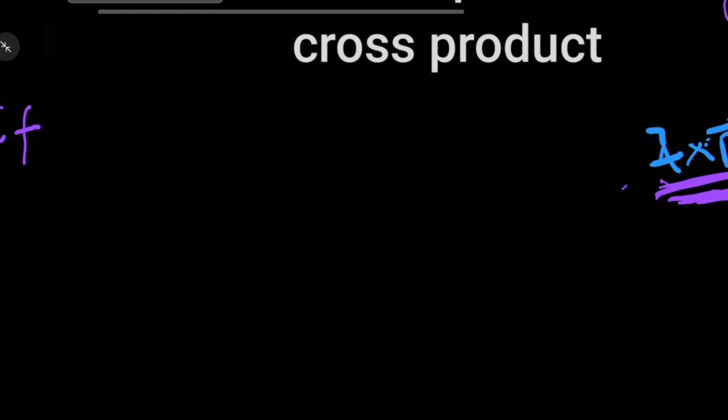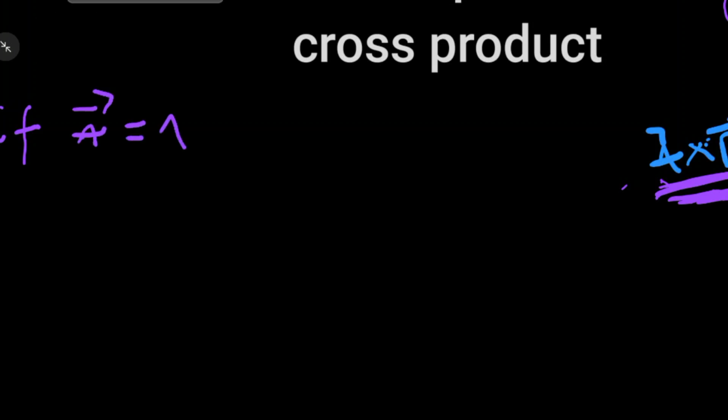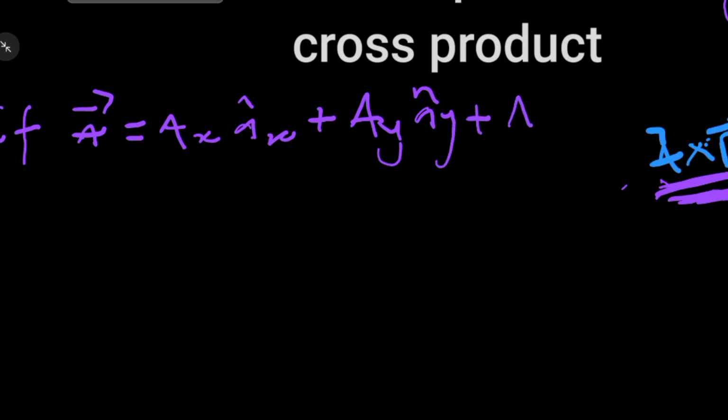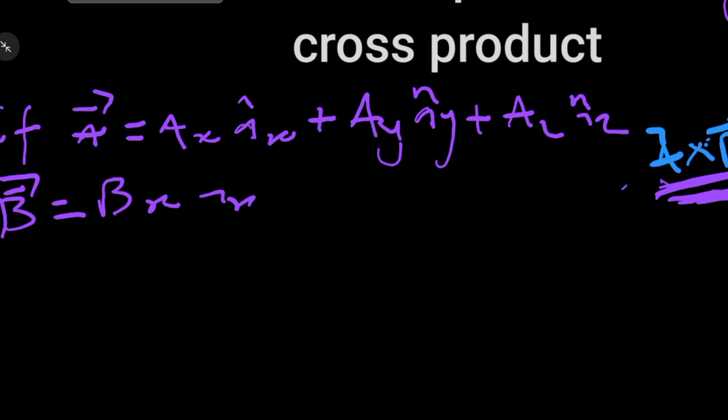Let's say we have a vector A, we have its value, plus we have a unit vector Y, and we have this, and we have a second vector B. Right.